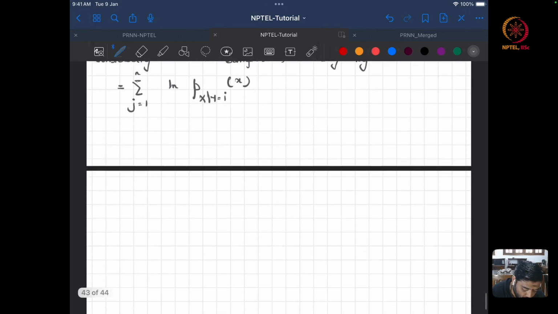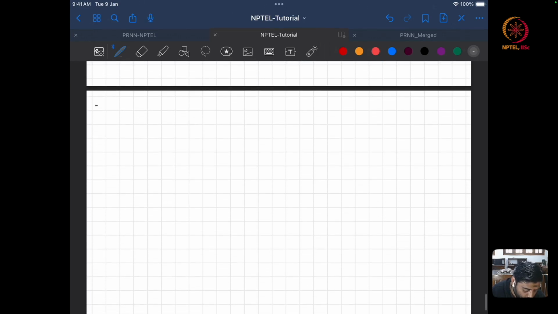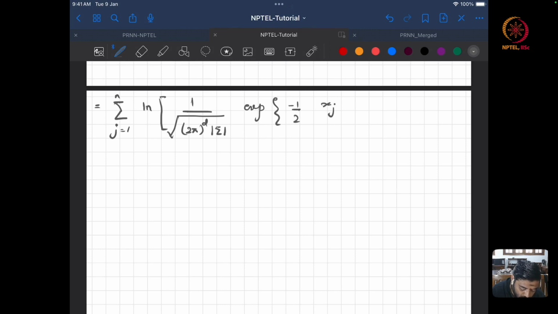given x. So now if you put it together, this is summation j equals 1 to n ln of 1 over 2 pi to the power of d, determinant of the covariance, the square root of that, into exp of minus half xj minus mu I transpose sigma I inverse.